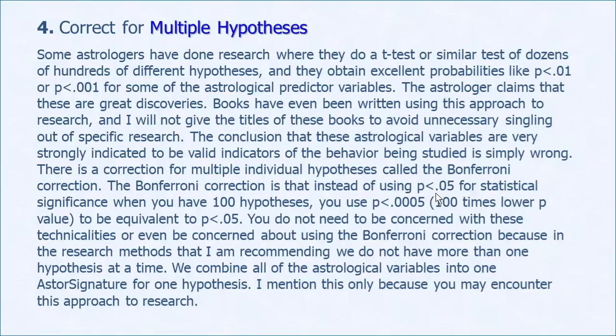And if you're not comfortable with numbers, you can just say to somebody, what would this be if we apply the Bonferroni Correction? You can always go to somebody who's trained in statistics and research methods, and you know what to ask. You know what the problems are. You know what to look for. You don't have to be the number cruncher, but to know what the issues are is something that anybody trying to figure out how astrology works by doing some kind of research should know. These are simple ideas.